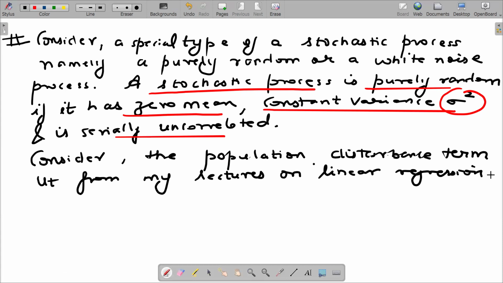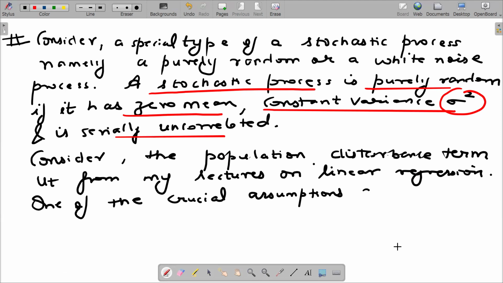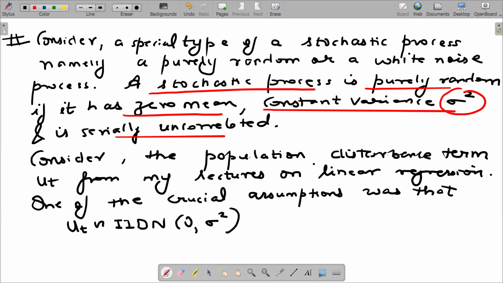Remember one of the assumptions we had made? One of the crucial assumptions was that UT is independently and identically distributed normally with mean zero and variance sigma square.